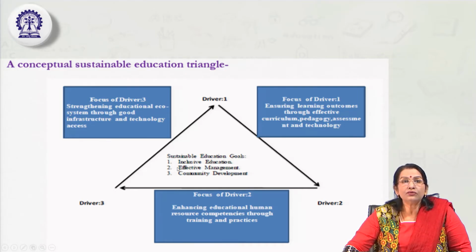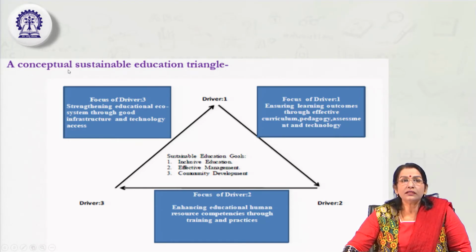Ultimately it should yield results for the community, that means all around the neighborhood, the whole community will be developed. So, the outcome of the interaction of these 3 drivers, objectives, goals and activities is this: one is inclusive education in terms of learning outcomes, second is effective management in terms of the functioning of the system, and third is the direct benefit of this education system for community development.